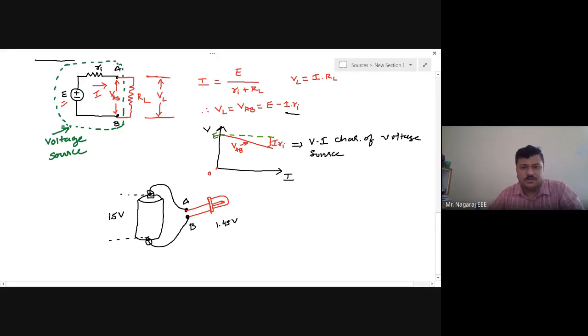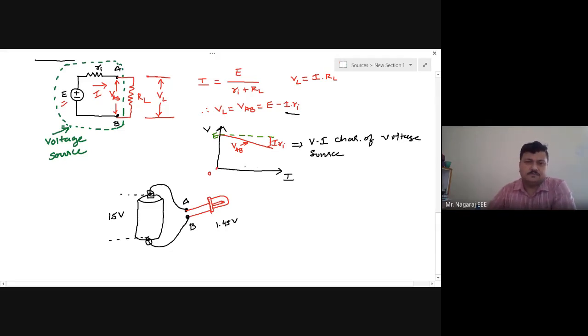As load increases, the generated or terminal voltage goes on decreasing. There we write it as I into RA, the armature resistance. You will observe the same VI characteristic there. This is the general voltage-current characteristic of any voltage source.